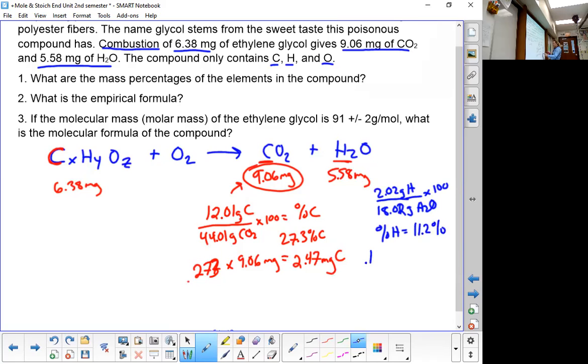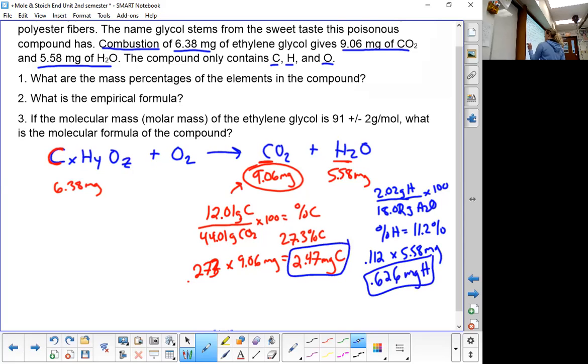And if we take the decimal abundance times the 5.58 milligrams, we're going to get 0.626 milligrams of hydrogen is what combusted.